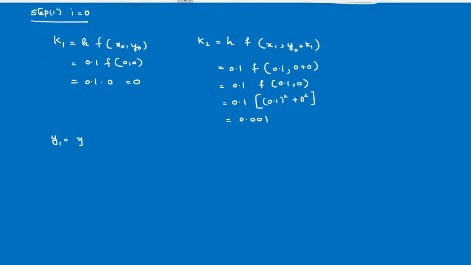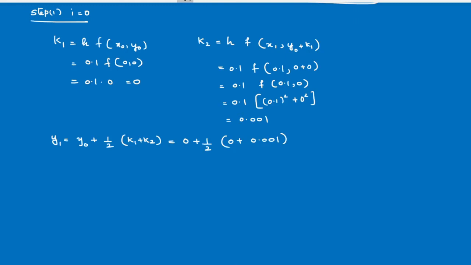When substituting y0, it is 0 plus 1 by 2 into k1, which is 0, plus 0.001.